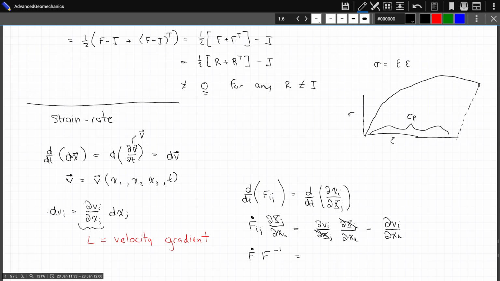What is that? Velocity gradient. So in terms of the deformation gradient and its time derivatives, we can get the velocity gradient. What you'll notice is that the deformation gradient just keeps coming up.